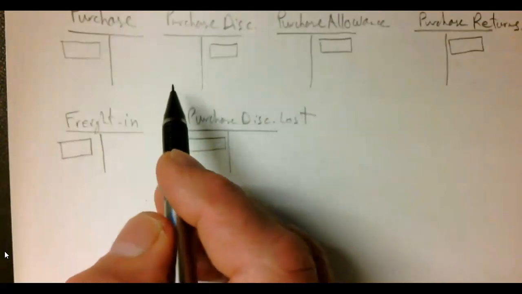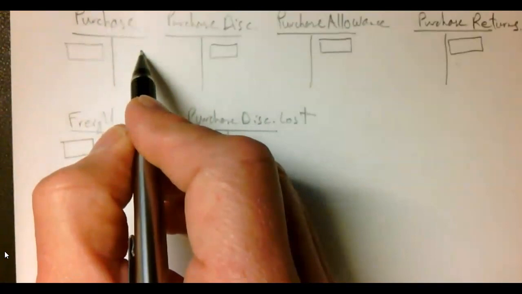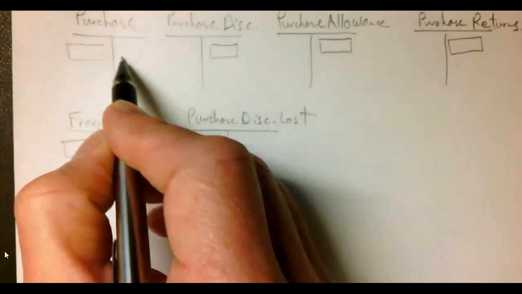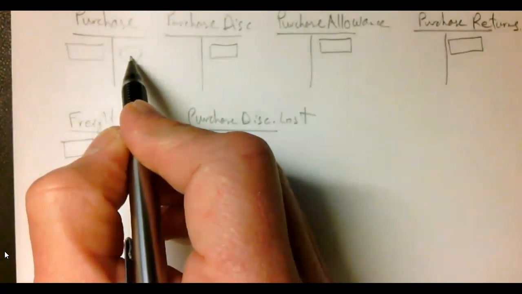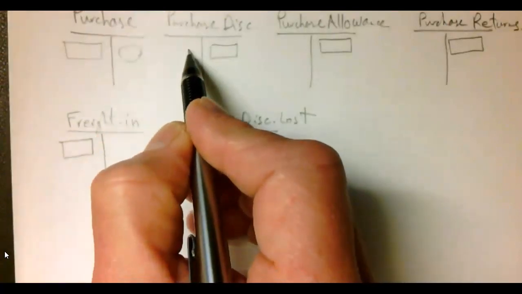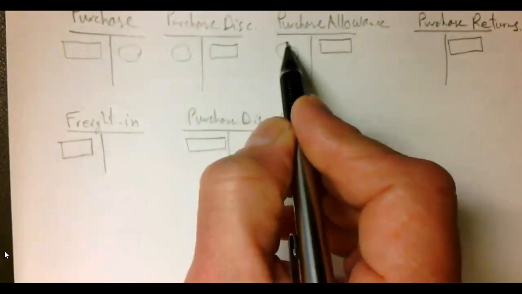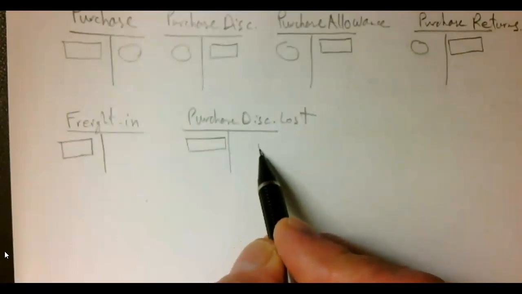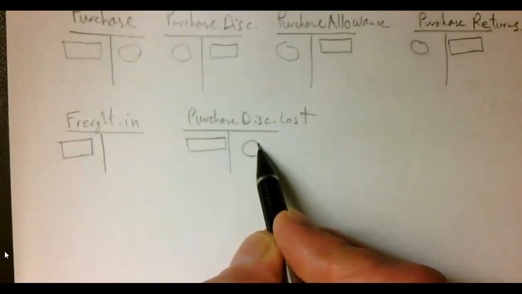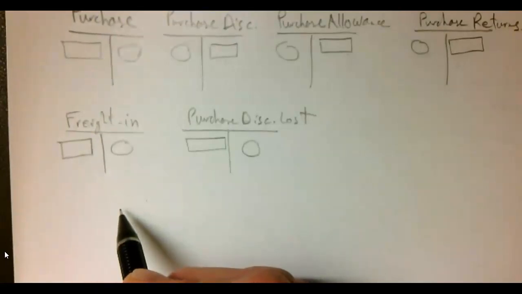In order to be closed, what do you have to do? You have to close the purchases. That's a credit. You have to debit purchase discount. You have to debit purchase allowance. You have to debit purchase returns. You have to credit purchase discount lost and credit freight in.